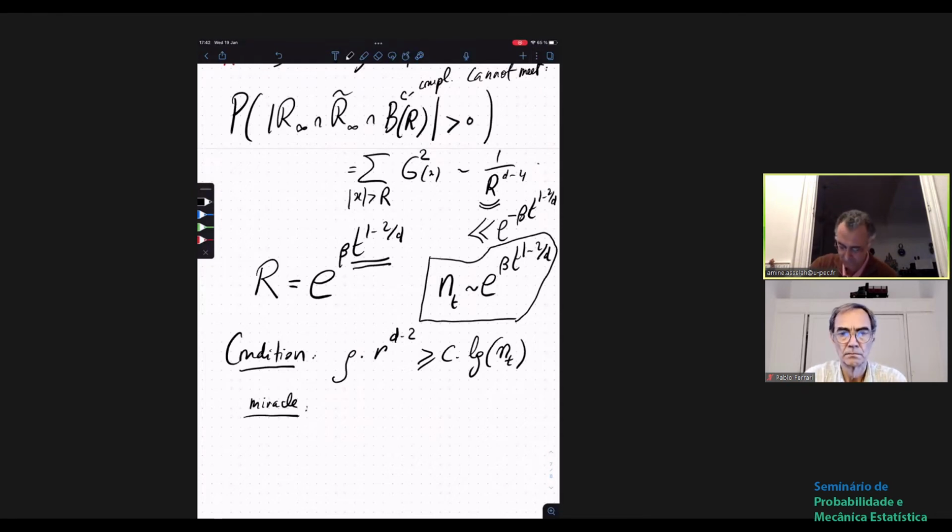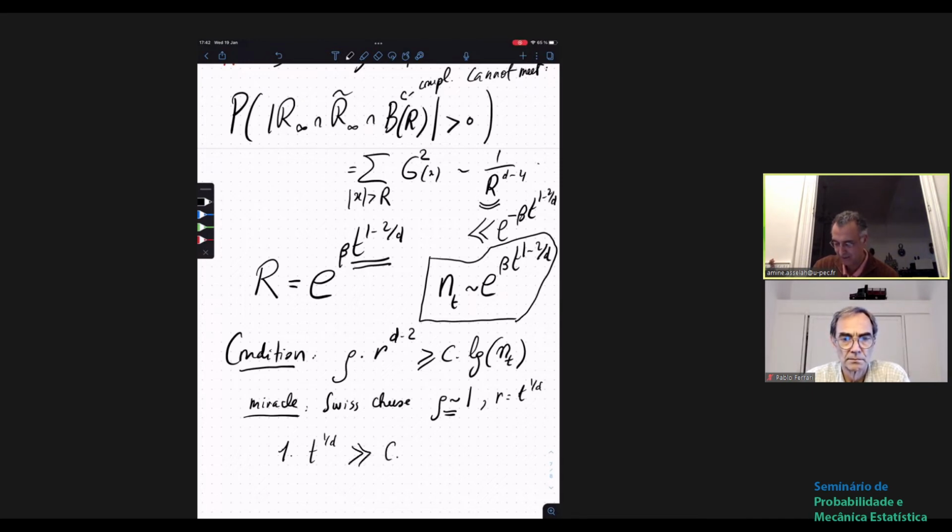If you take the Swiss cheese, it means that everything happens in a density 1, in a scale r to the t to 1 over d. What do you discover? That one time, let's say, t to the 1 over d or a given constant is indeed larger than the log of that, which is, oh, I made a mistake, I have to take it to the power d minus 2. That's exactly the same thing on this side.